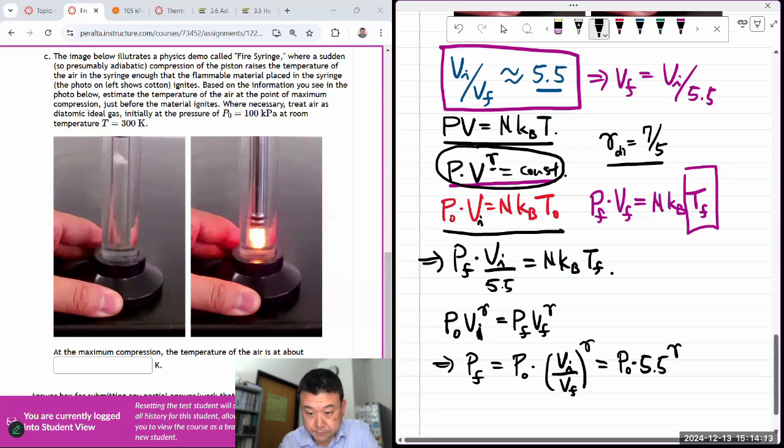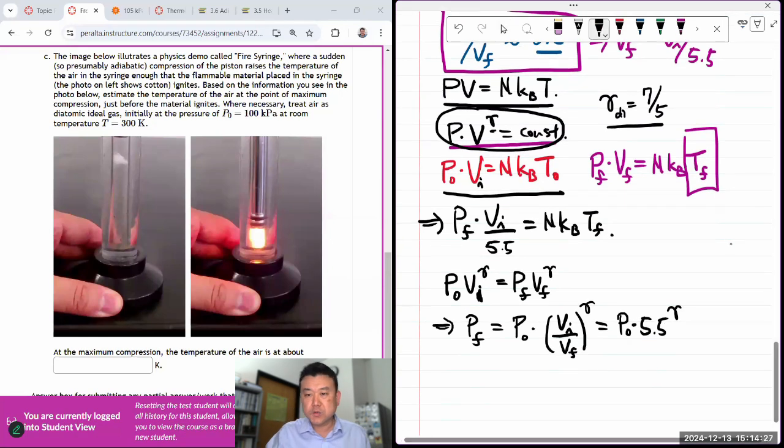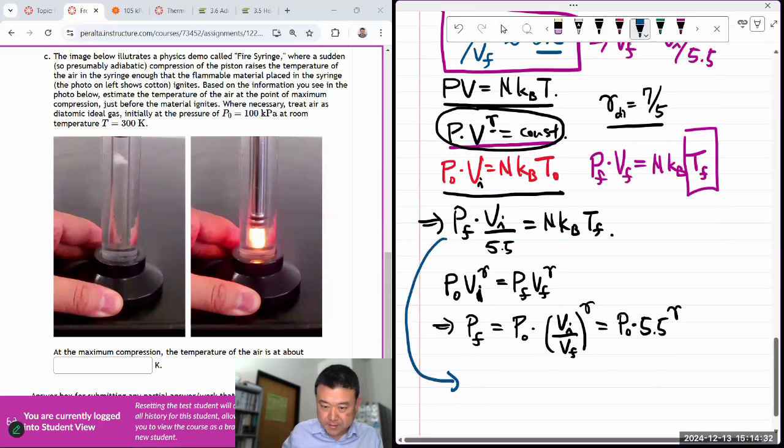So I can plug this P final into here, and I feel like I still have to deal with the V initial, but I think I can do it. I think I'm doing this a much longer way than I had to because I'm a little bit disorganized, but let's just finish it up within the time limit, and that's really what counts.